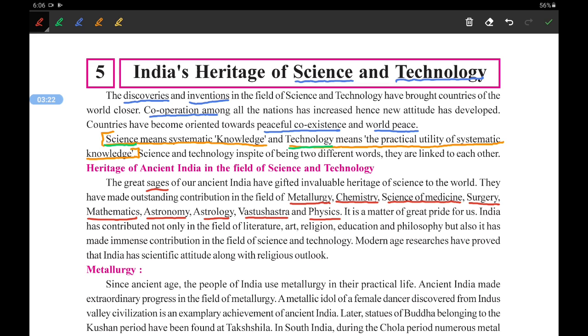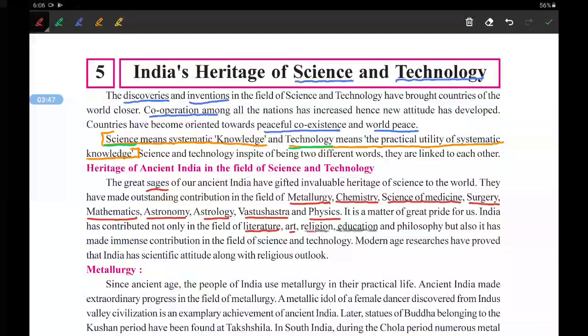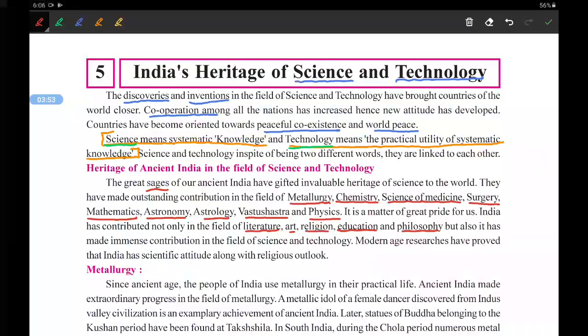These are some of the areas where our sages have made great contributions, which are unparalleled. It is a matter of great pride for us. India has contributed not only in the field of literature, art, religion, education and philosophy, but also it has made immense contribution in the field of science and technology.